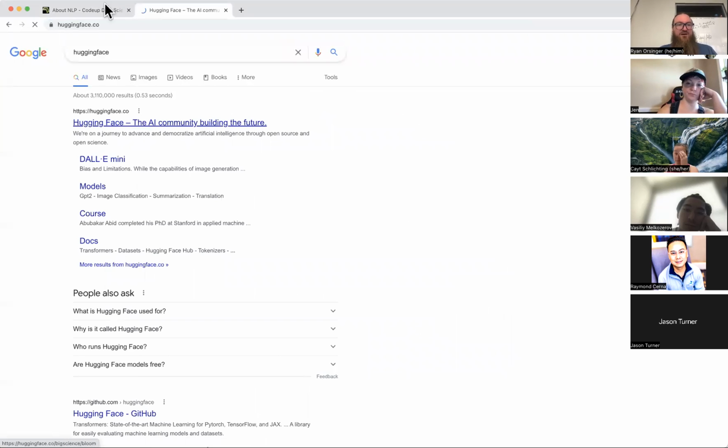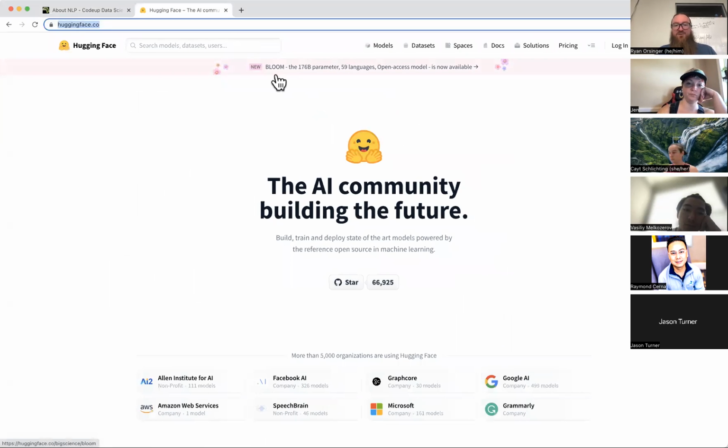If you really want to go above and beyond and super deep, Hugging Face is super powerful. Kate brought up the idea of, is there a standard? And the answer is there's lots of different corpora. Hugging Face has corpora. It also has models that are trained on different corpora and models that are trained for different specific purposes.